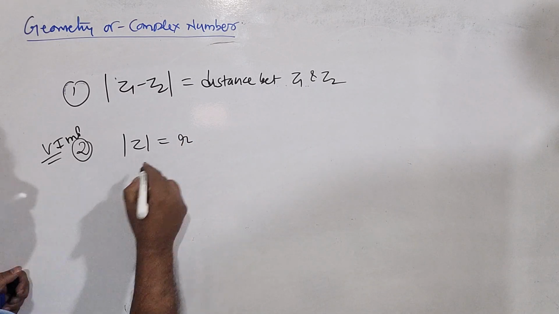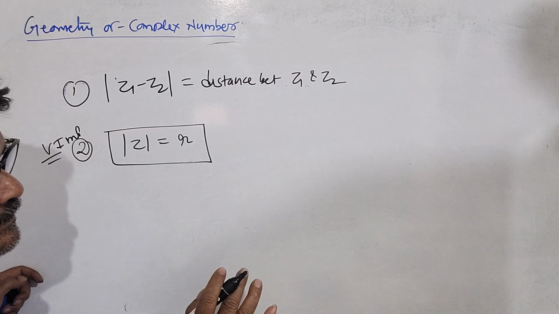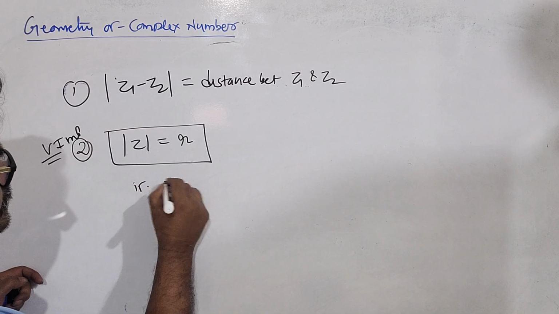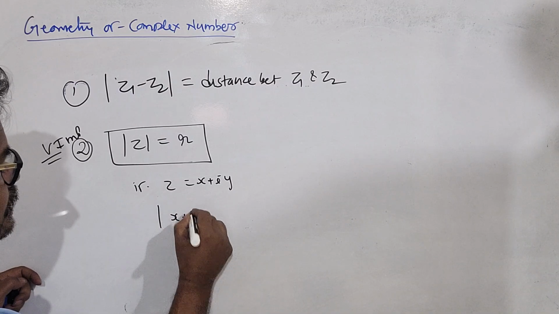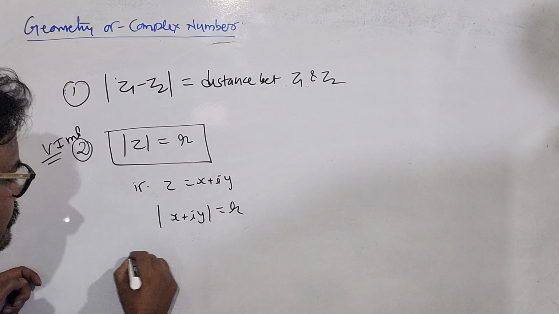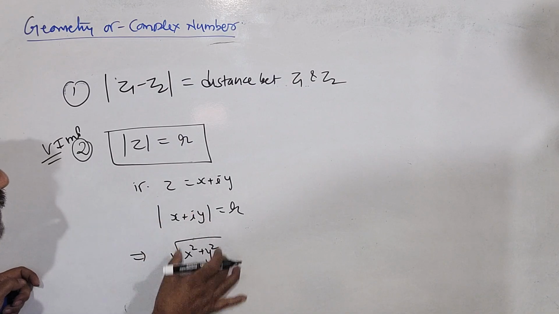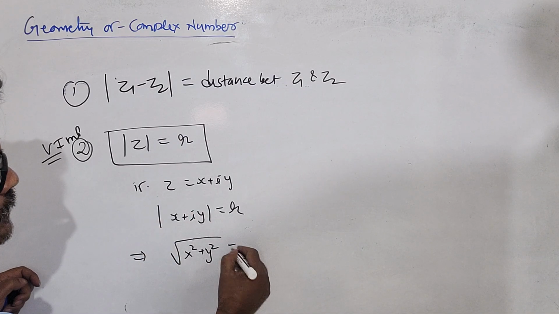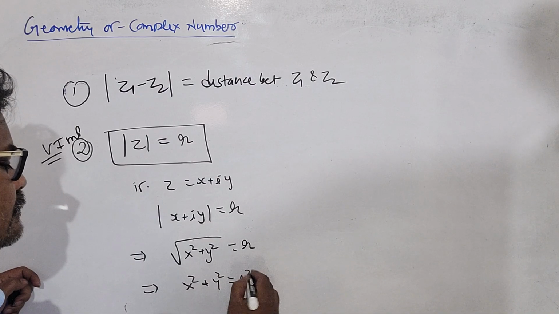Okay, so this represents a circle. See, if I put z equal to x plus iota y, then this is modulus of x plus iota y, that is equal to r. So this gives square root of x square plus y square. Modulus of z is square root of x square plus y square, that is equal to r, and finally we get x square plus y square equal to r square.